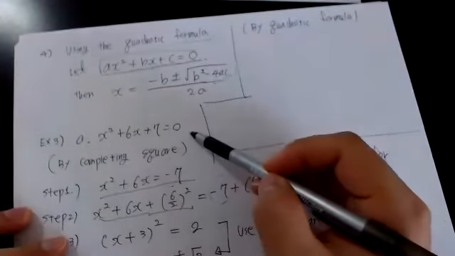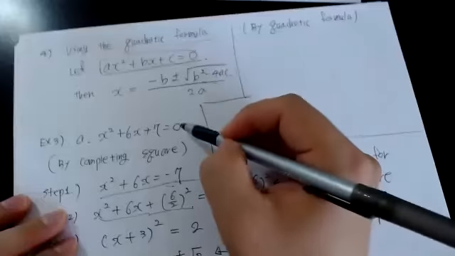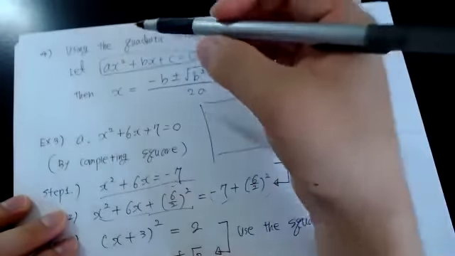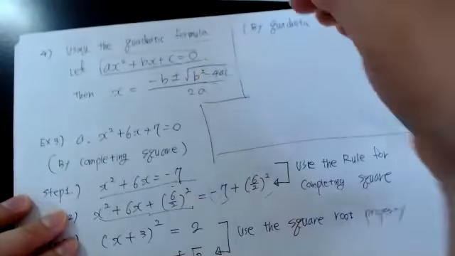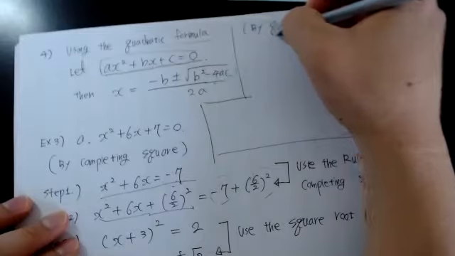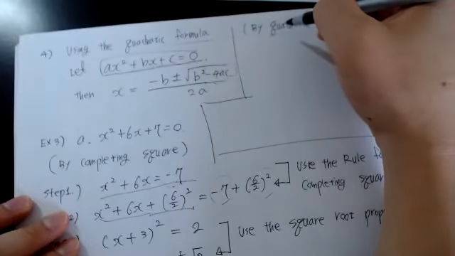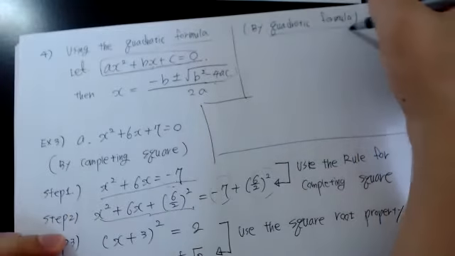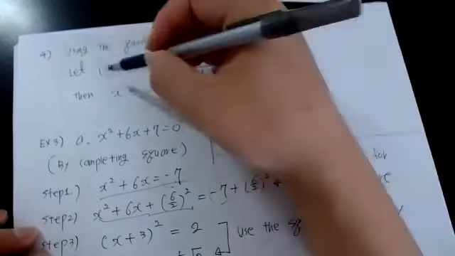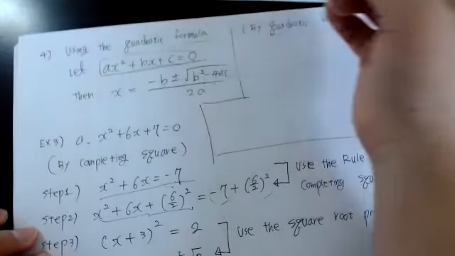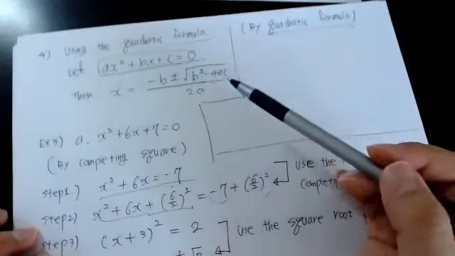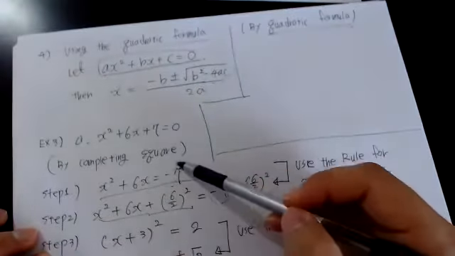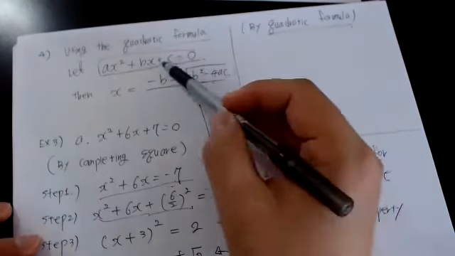Fortunately, in these problems we already get 0 on the right-hand side, so we can figure out a, b, and c. To solve using the quadratic formula, you have to match the given quadratic equation to that form.